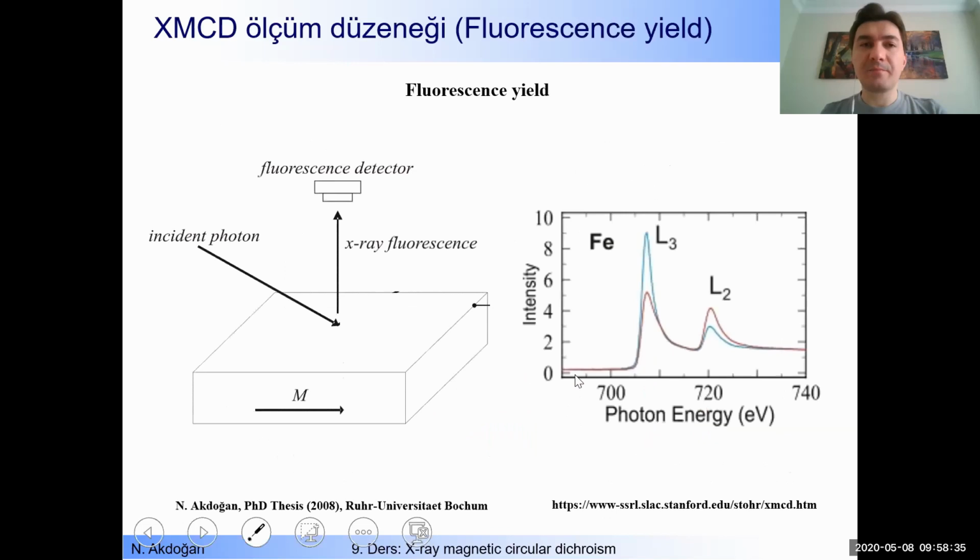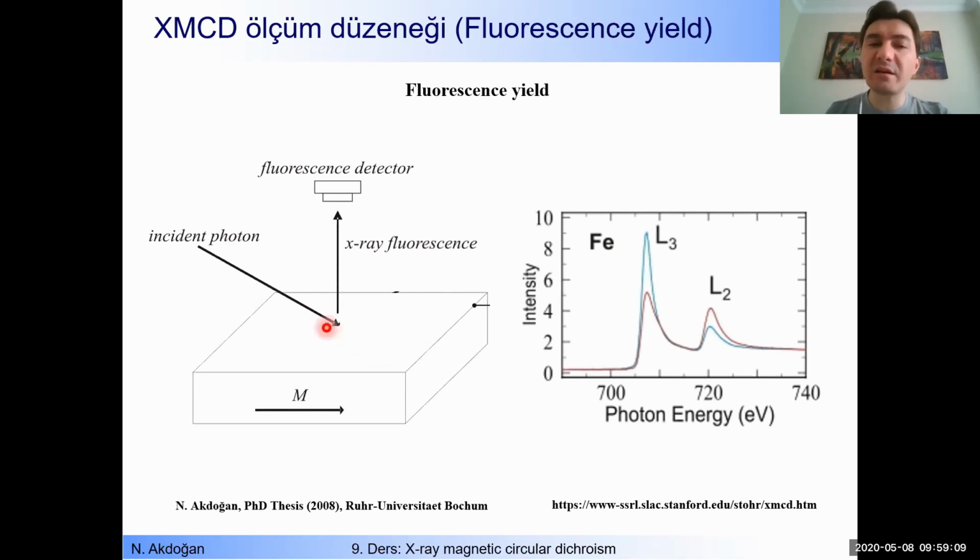So the next method in XMCD experiments is called fluorescence yield. As I told you, in the absorption experiments, we have three main products: photoelectrons, Auger electrons, and fluorescence X-rays. In that method, we measure fluorescence X-rays. So you send soft X-rays to the material, and photoelectrons, Auger electrons, and fluorescence X-rays are produced.